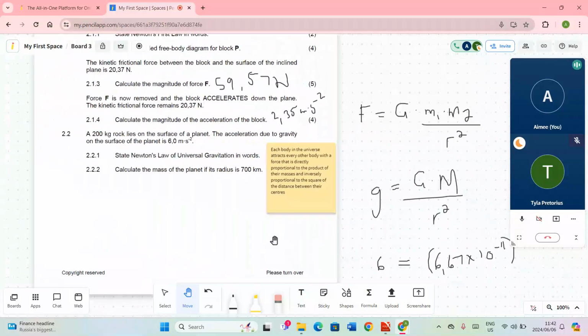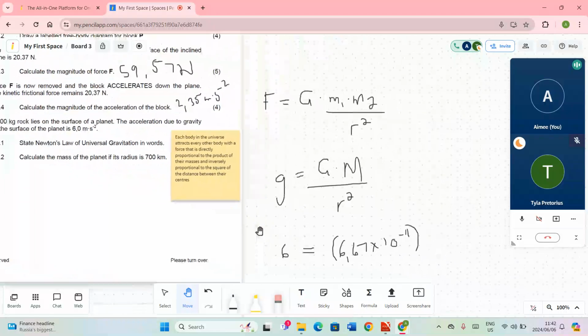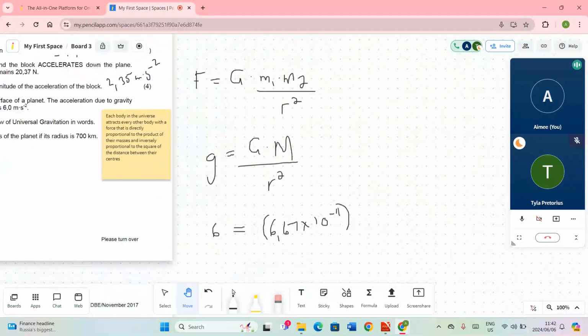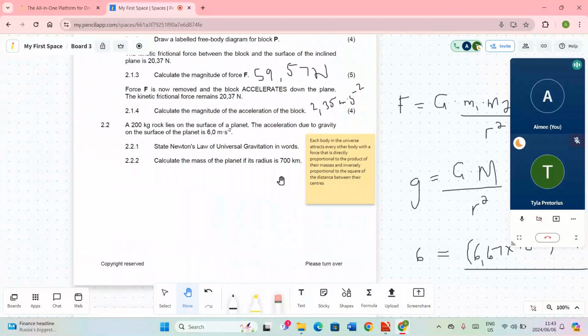They're asking for the mass of the planet, so big M is what you're looking for, divided by the square of the distance between their centers. And they say that the radius of the planet is 700 kilometers. So we're just working with one planet at the moment.